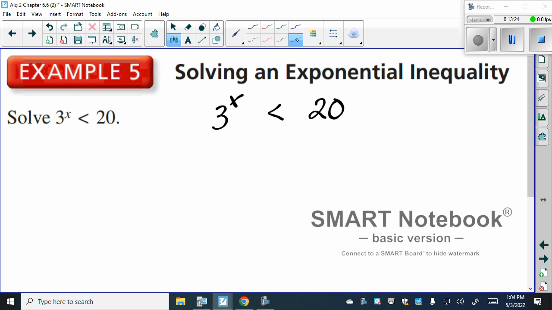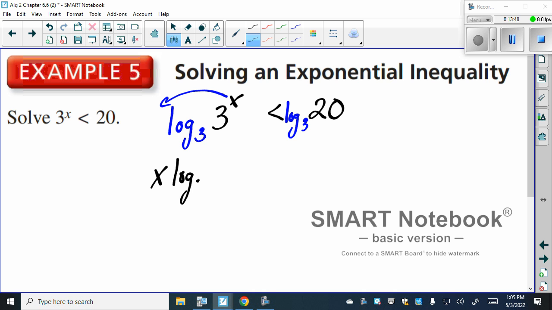Now, when we were looking at these yesterday, the way that I would get the variable out of the exponent is to apply a log base 3 to both sides. Because on the left-hand side, log base 3 of 3 to the x, we can move the x out front, which would give us x times log base 3 of 3 is less than log base 3 of 20.